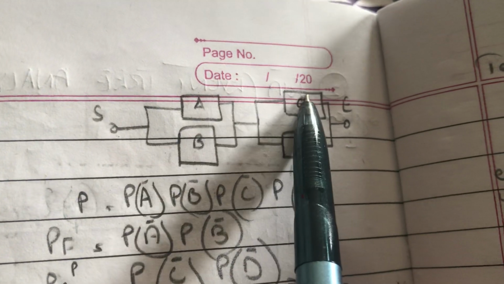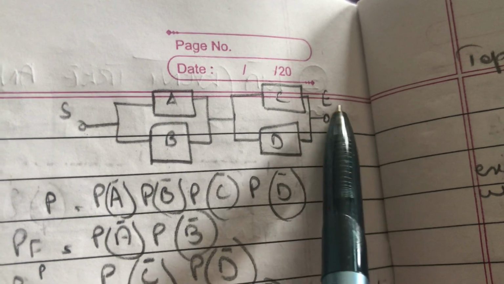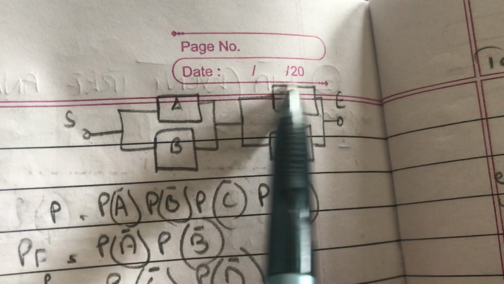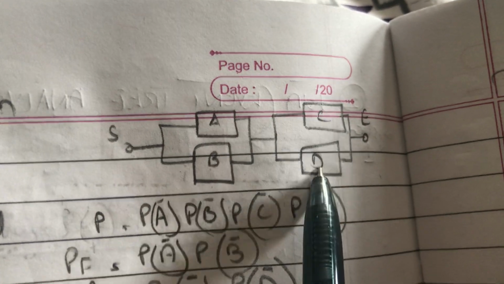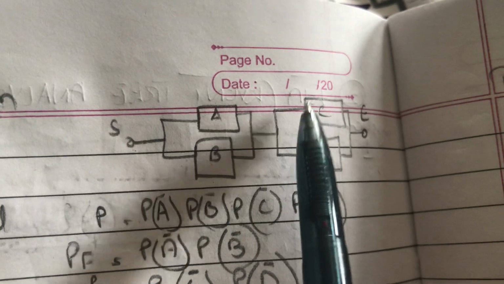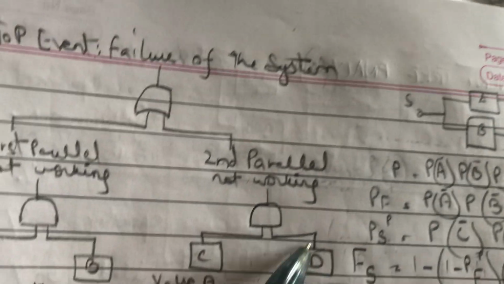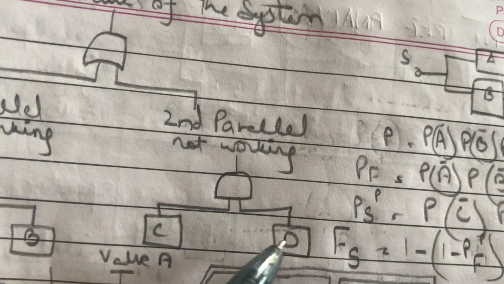If C is not working, the input can be drawn from D to the endpoint, and if D is not working, the input can be drawn from C to the endpoint. Here also it is not necessary for both to work, only one component working is enough for us. So we have drawn this as an AND gate with C and D.